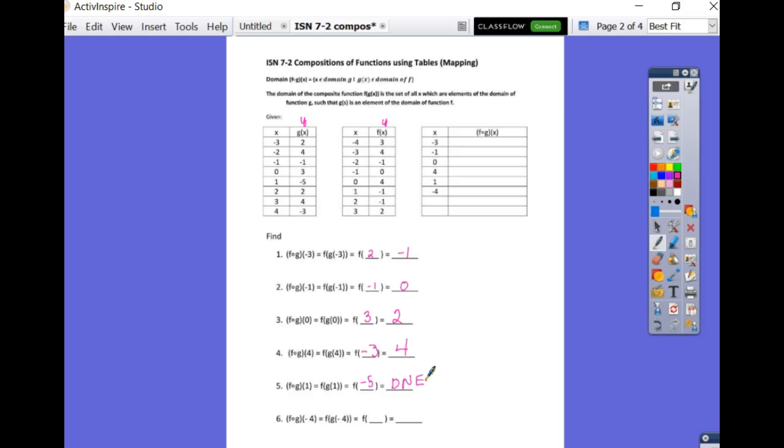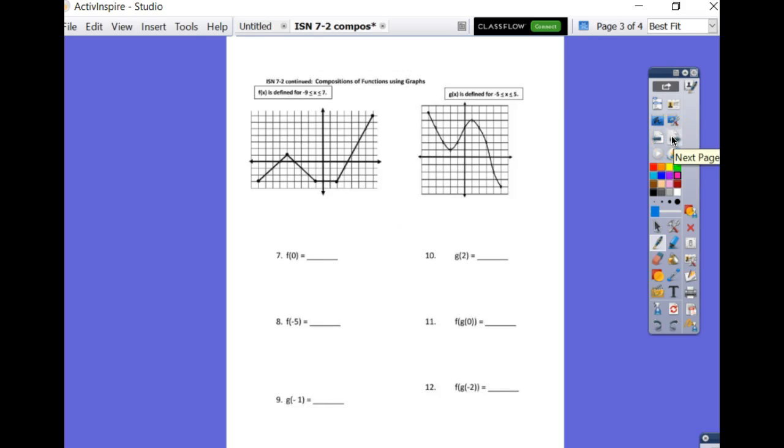So g of negative 4, there's no negative 4, so this one does not exist. Okay? All right, next. So that's one way to find your answers.